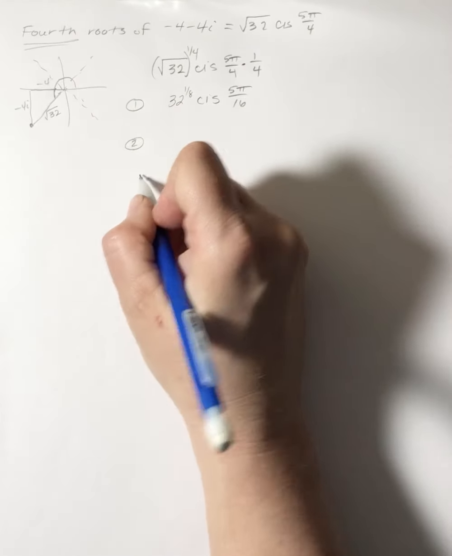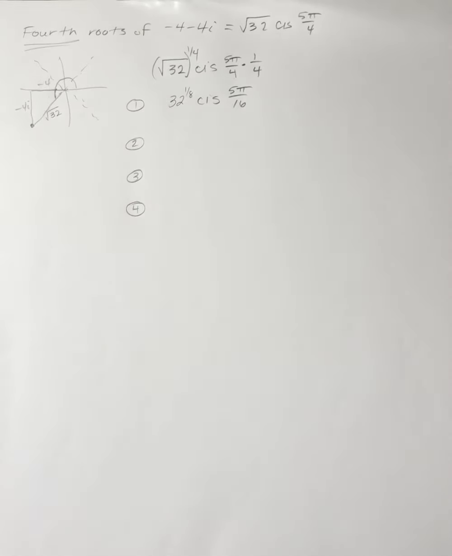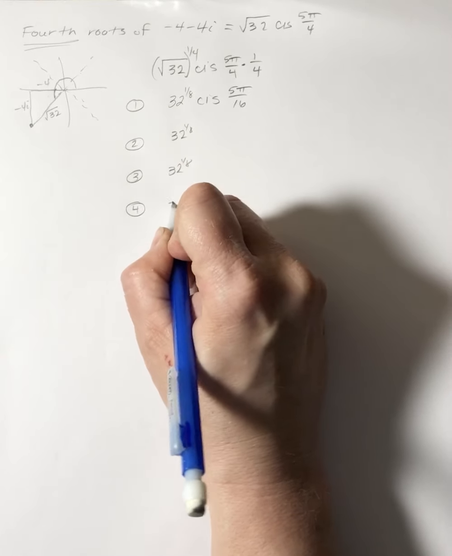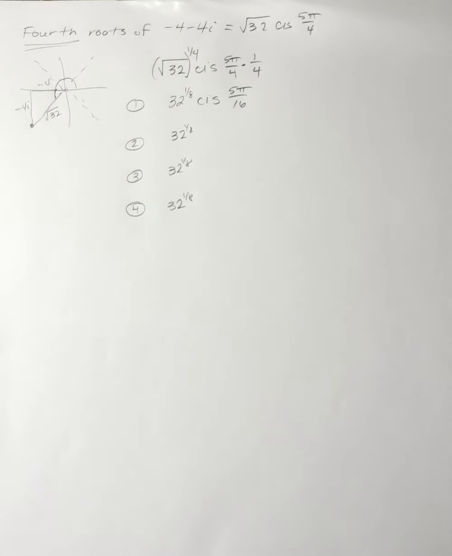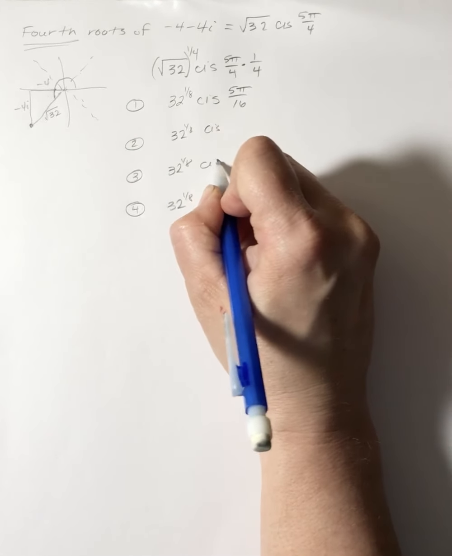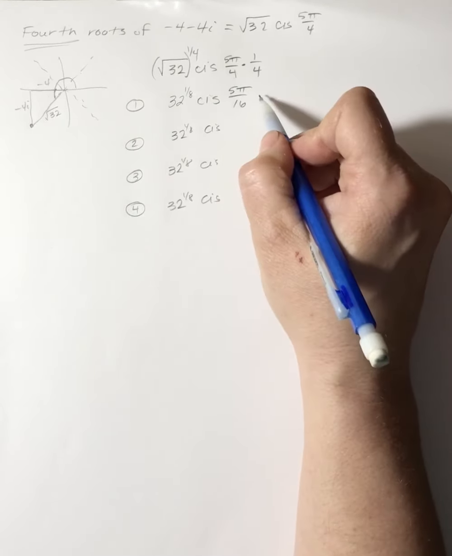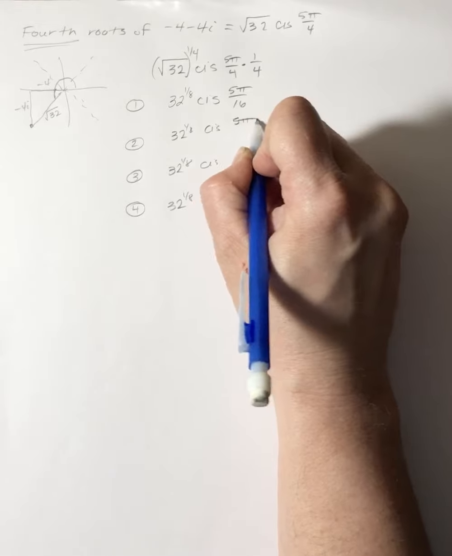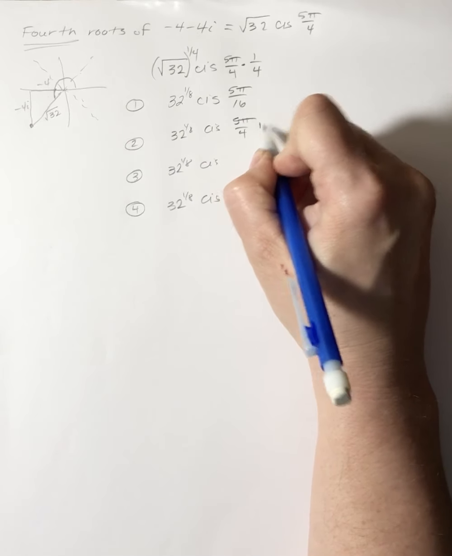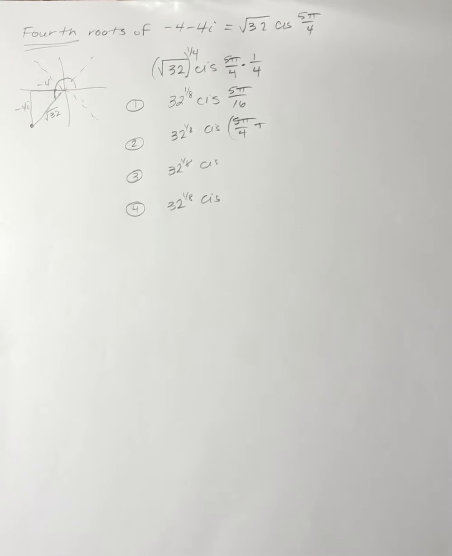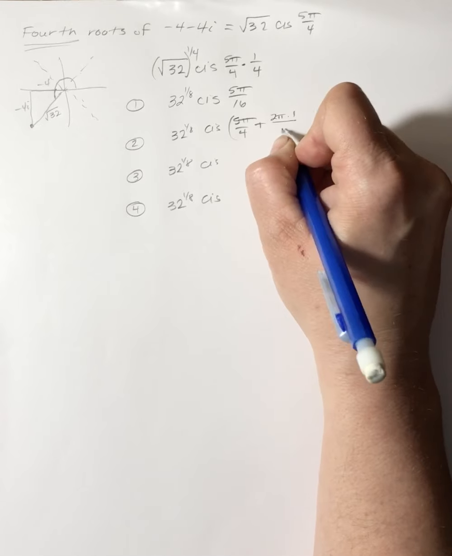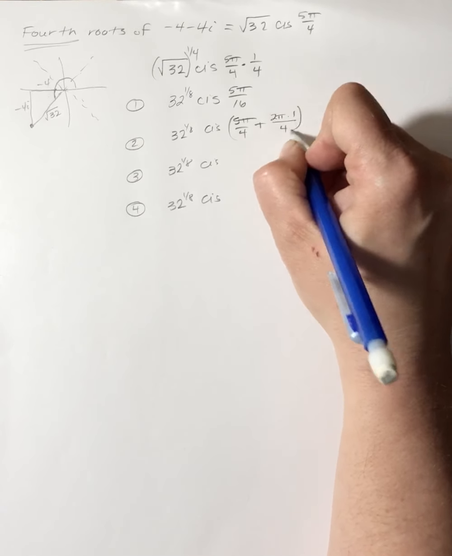I am finding the fourth roots, so I'm going to have 4 answers. So this is the same for all of them. To find what I add, I take 2 pi times 1 over 4. Oh, and this was a 16.